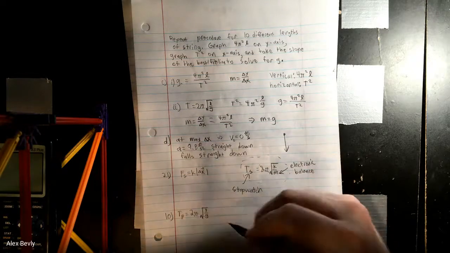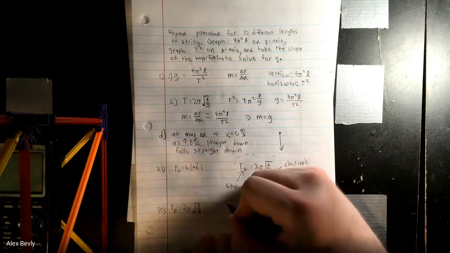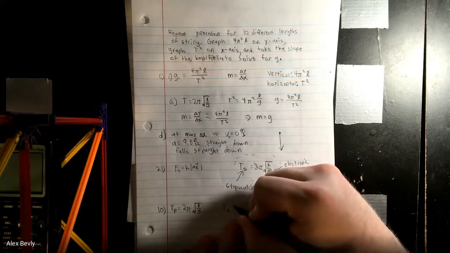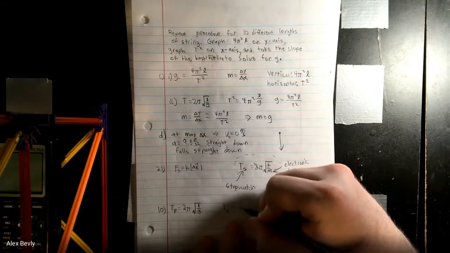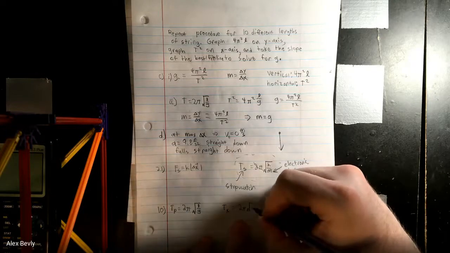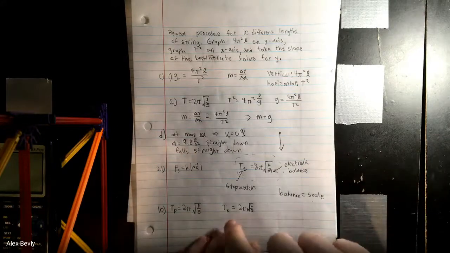All right, so let's just put some values in here. I assume both students are on Earth, so student X, we can call this period X, is equal to 2 pi square root of L over g. What's different about student Y?